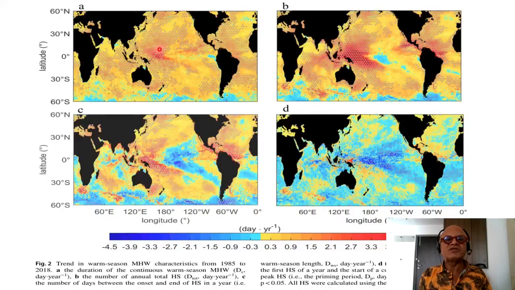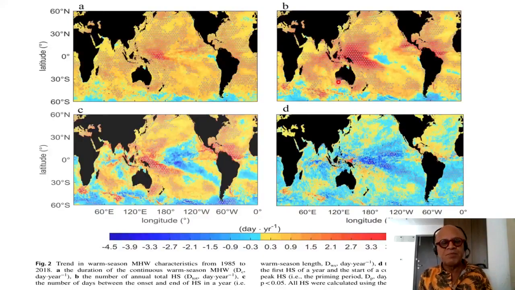All the stipple regions are statistically significant, and it is argued in the paper that these particular trend lines, negative to positive at 50 south or so and 40 north or so, are related to the conflation of things like the Pacific Decadal Oscillation, North Atlantic Oscillation, and so on into these calculations.